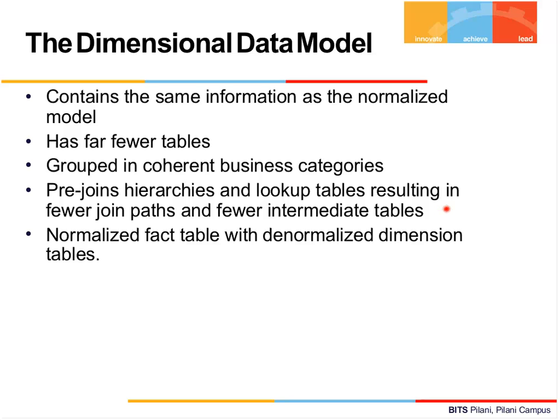I might be doing some pre-joins beforehand based on my user behaviors, based on my user requests. If I know that I have 100 users and 80 of the users are going to run this query every time joining these 2 tables, then I better pre-join them, present them in 1 table instead of putting them in 2 tables, and every time they run the query, they join on the fly.